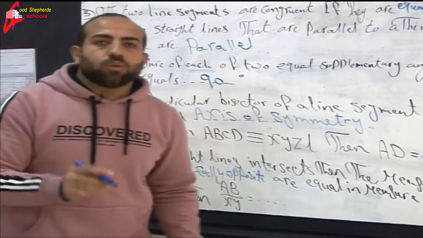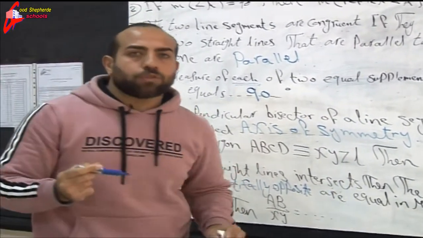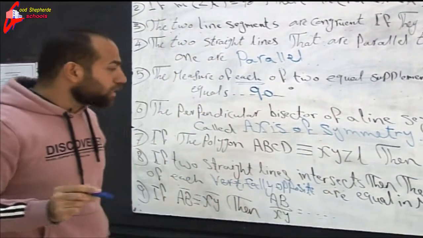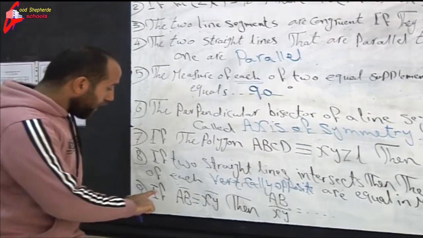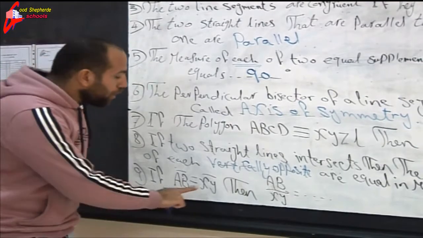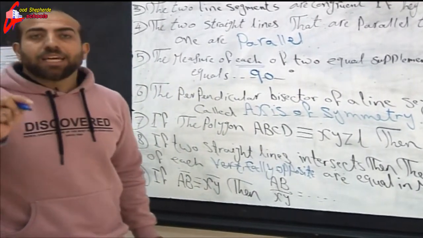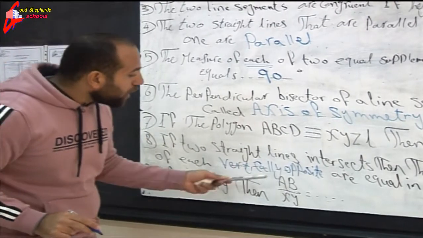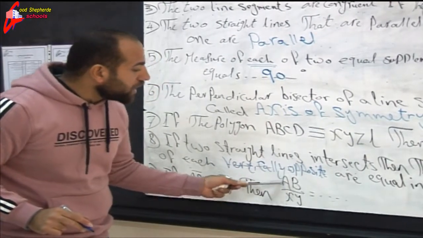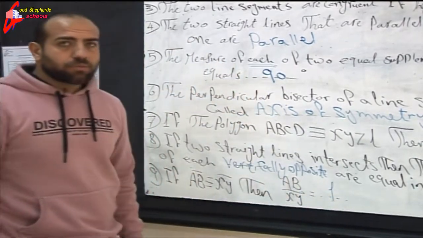So if you have two straight lines intersecting like this, the measure of each of two vertically opposite angles will be equal in measure. Number 9, if line segment AB is congruent to line segment XY, it means AB equals XY. So AB divided by XY, anything divided by itself, you will get 1.